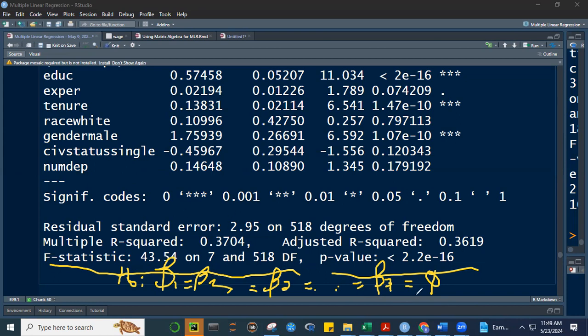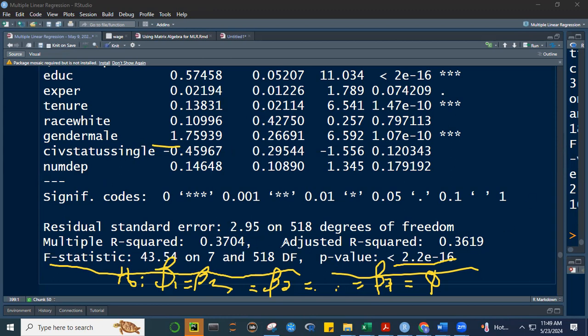What's our conclusion here? The p-value is less than 0.05. Therefore, we reject the null hypothesis that all of our parameters are equal to 0. We have strong statistical reason to believe that at least one of these is not equal to 0. And we know that gender is significant, tenure is significant, etc.